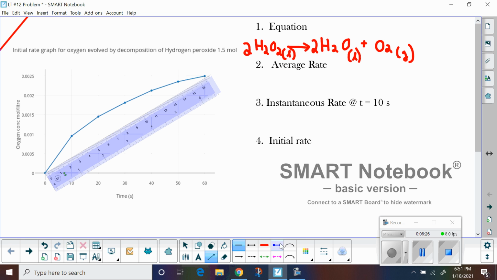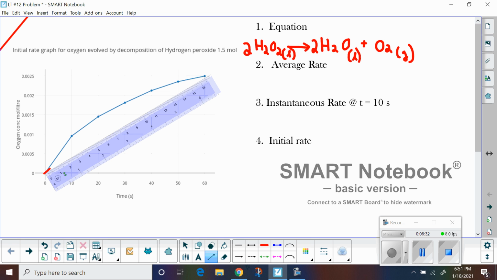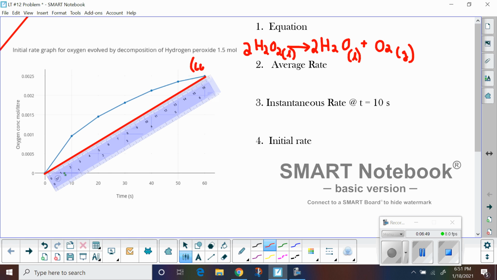So I'm going to make my line that is in no way tangent to the curve. And I can depict a couple of points here in order to find my average rate. This is going to be at 60, comma, and we'll call it 0.0025.